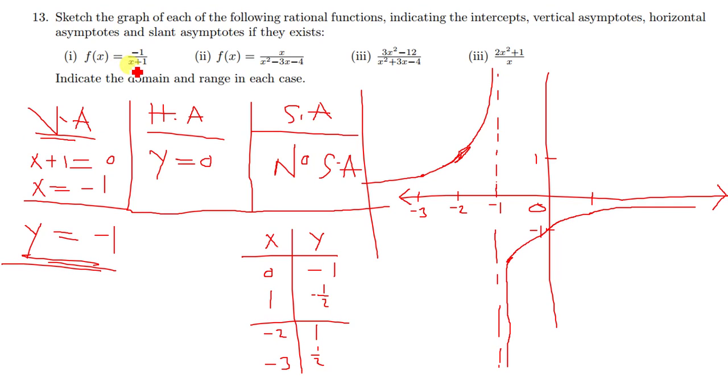You're going to have undefined as your answer, which implies that -1 is not supposed to be part of the domain. So the domain will just be D is equal to all real numbers excluding -1. So that is going to be our domain. Let us find our range.